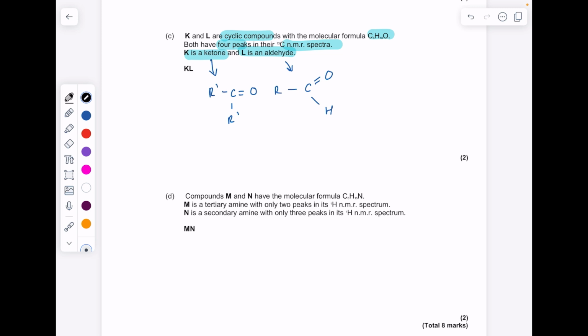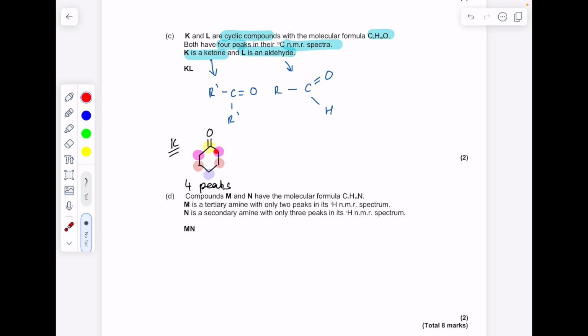So let's start with our ketone. And I'm just going to explain to you why this is the structure of K, because there's 1 carbon environment. It's symmetrical, so there's the 2nd, 3rd, and 4th. So therefore we'd expect 4 peaks. So just to double check, is K first of all obeying the molecular formula C6H10O?